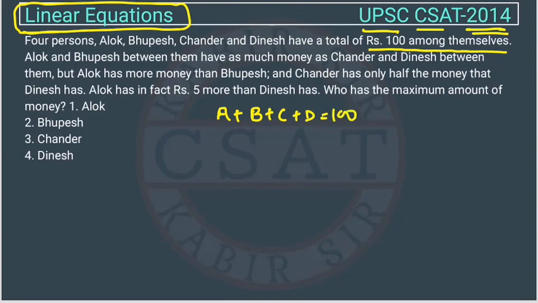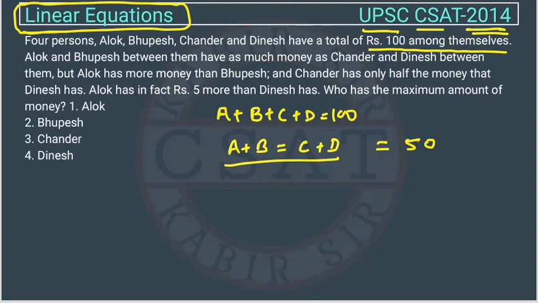Alok and Bhupesh between them have as much money as Chandar and Dinesh. So A plus B will become 50 and C plus D will also become 50. If you are confused how, then just put A plus B into this, and C plus D will become half of 100.